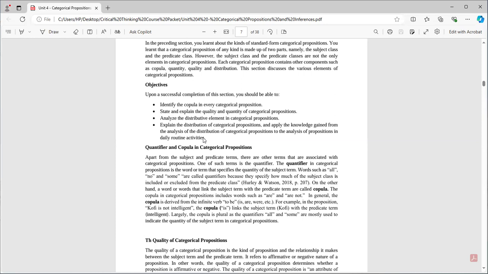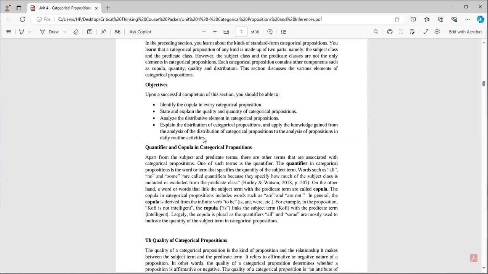So if you say all students, the word all is saying that we are referring to an entire quantity. If you say some, it says that we are referring to a segment of the universal set, not all of them. If we say no, it means we are referring to all members of the universal set in a negative way.